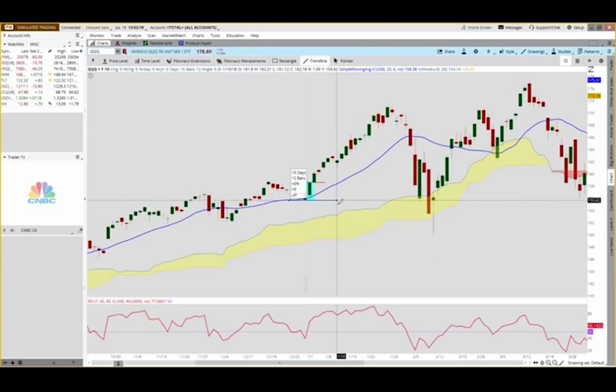So the key here is to identify trades with the highest degree of slope on that 20 period moving average and the least amount of risk. You can control this. You can decide which trades you take and which trades you do not. So always look for something that has a very small amount of risk. In other words, a very tight space between the entry and your stop level.